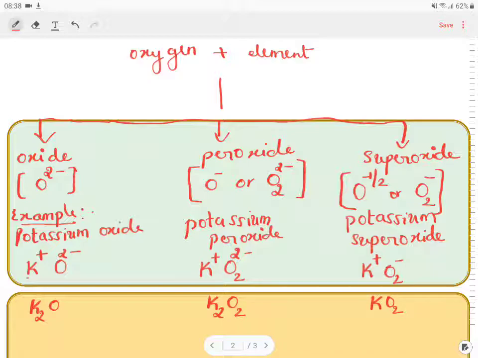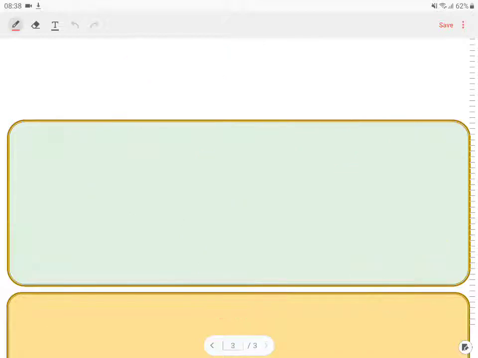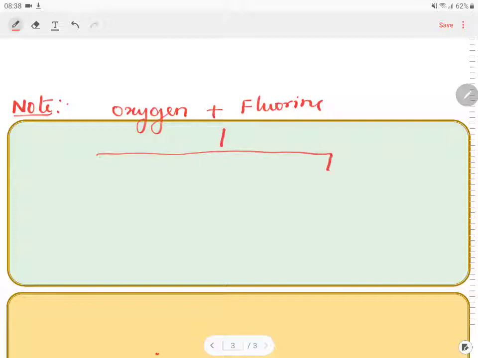One more important thing is that oxygen can also show a positive oxidation state. That is possible only with fluorine. This is a very important exception. When oxygen combines with fluorine, you get two types of compounds: O2F2 or OF2.